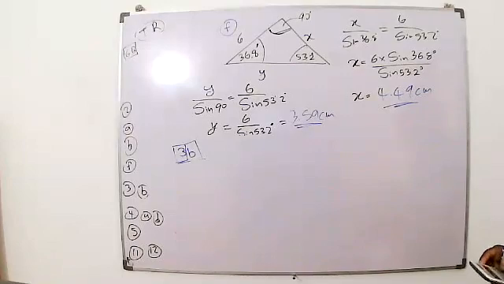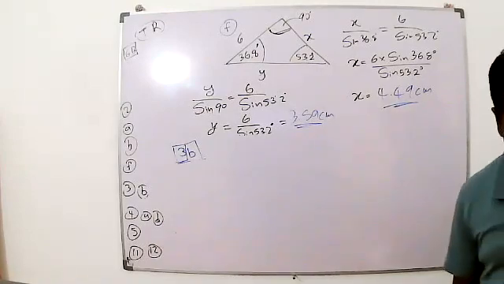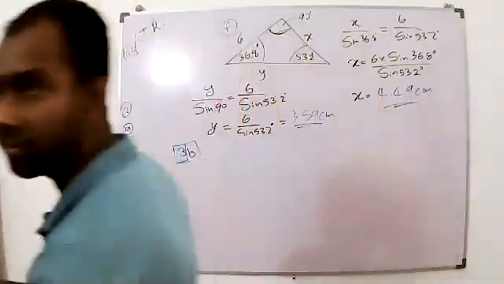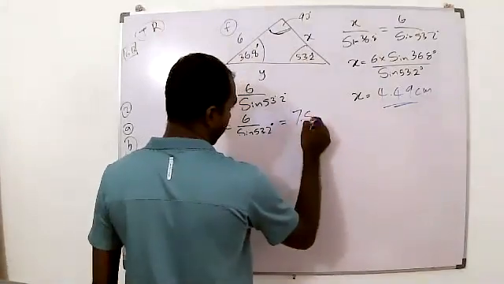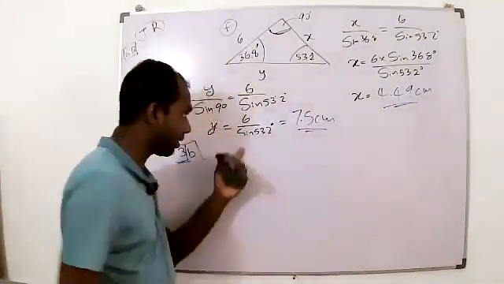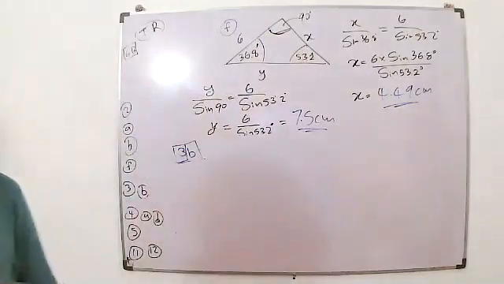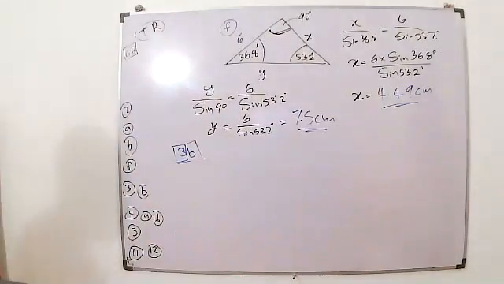So it's going to be 7.5, just this 7.5. I substituted wrong in the calculator. Yes, sine 90 is 1.